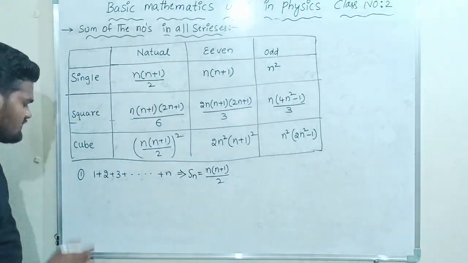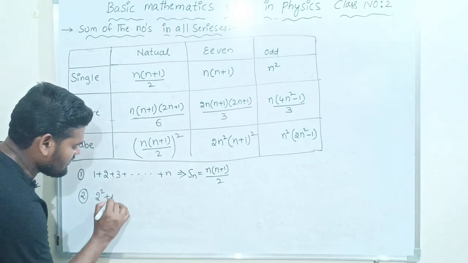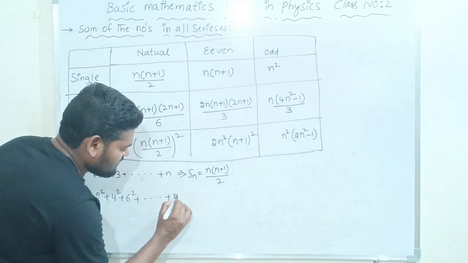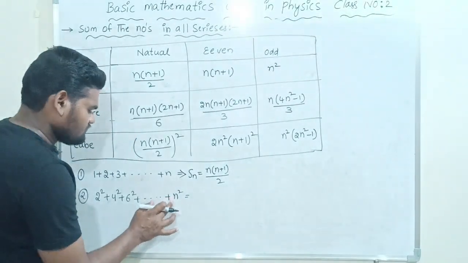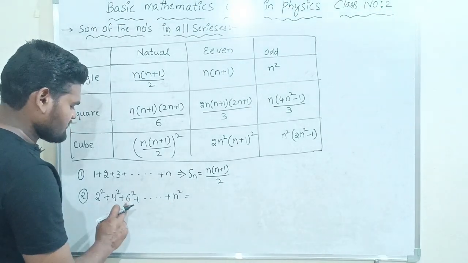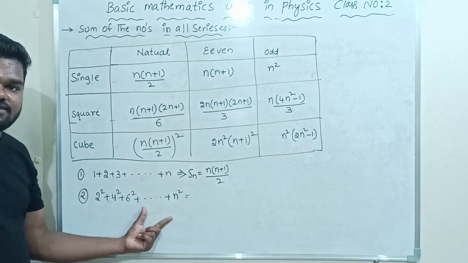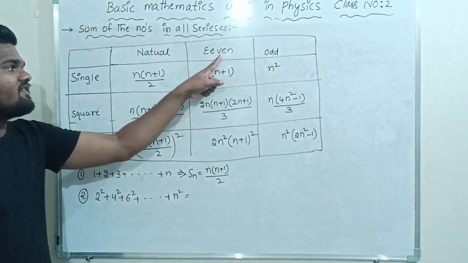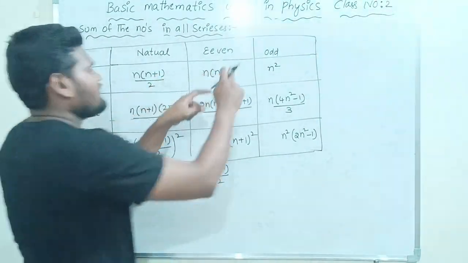Are you getting? Right. Next example. If the series is like this, 2 square plus 4 square plus 6 square plus and so on plus 2n square. Let us check: 2, 4, 6 are even numbers, and they have the power square.